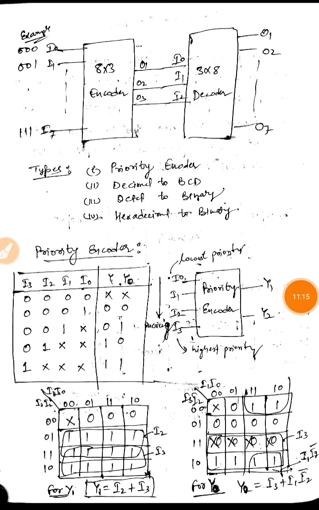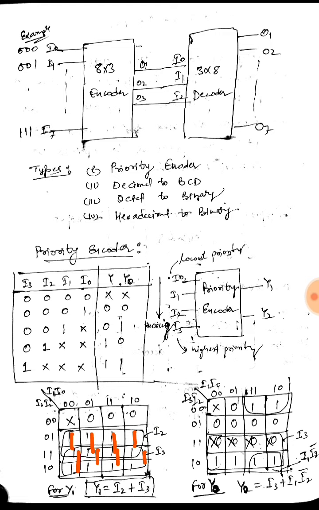In this case I1 is 1 and I2, I3 are both 0, so I am getting a 0, so it would be a 0 there as well. For I2 equal to 1, as I2 is 1 for both these rows and I am getting a high in Y1, I will get 1 in all these 8 cells.